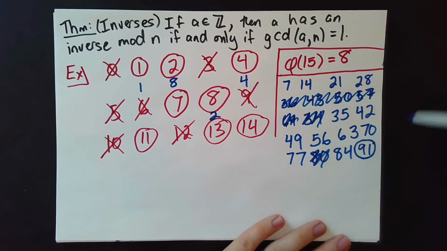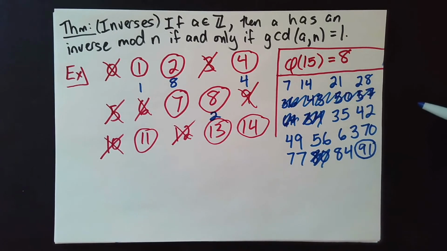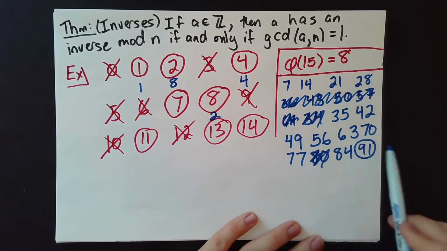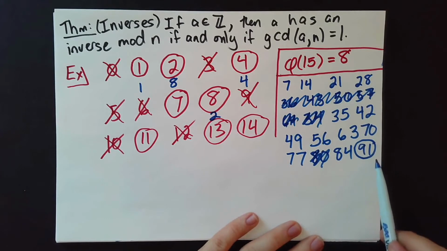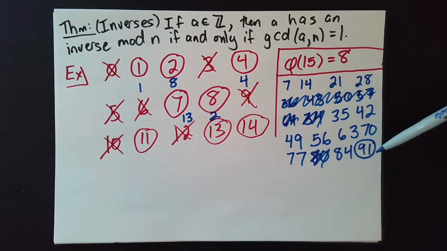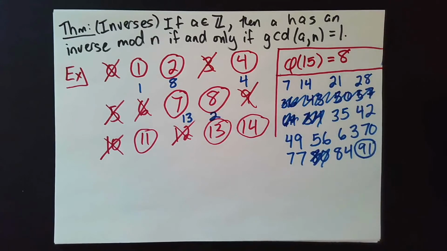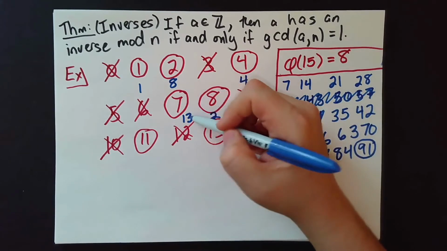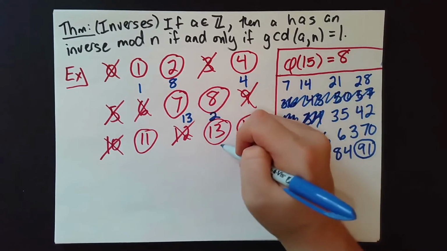Why? Because 91 is 1 more than a multiple of 15, namely 90, which is 15 times 6. So 91 is the first number on this list that is 1 mod 15, which means that in fact the inverse of 7 is 13. And you might remember that 91 is this annoying number that looks prime but is actually 7 times 13. There that shows up again. And also, while we're at it, the inverse of 13 then is 7.